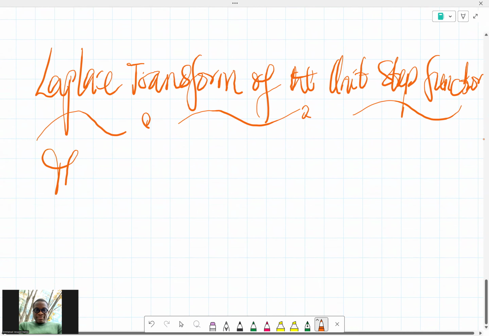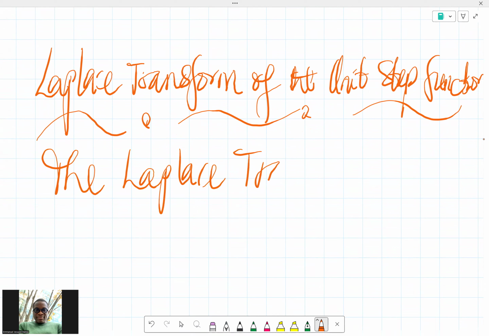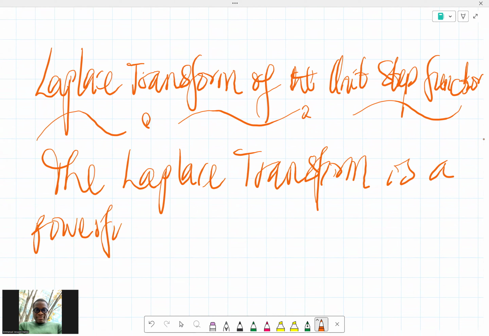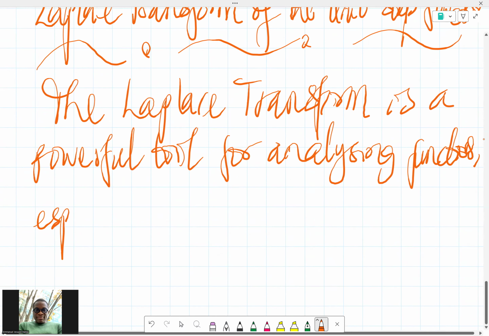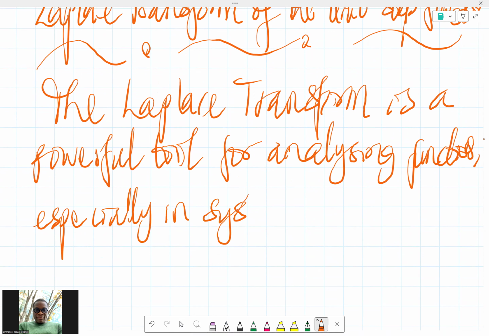Okay, so the Laplace transform, as we know already, is a powerful tool for analyzing functions, especially in systems and signal processing.